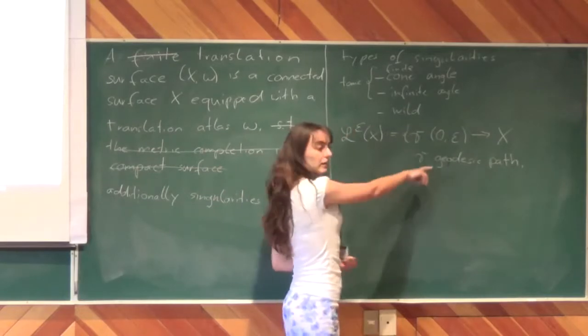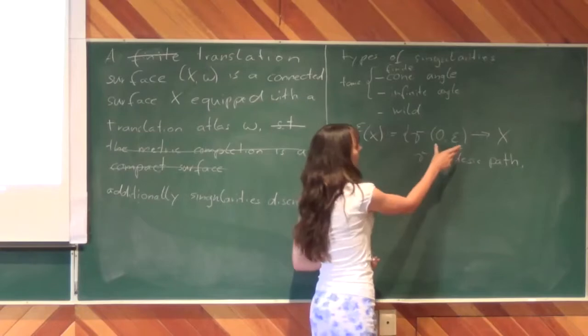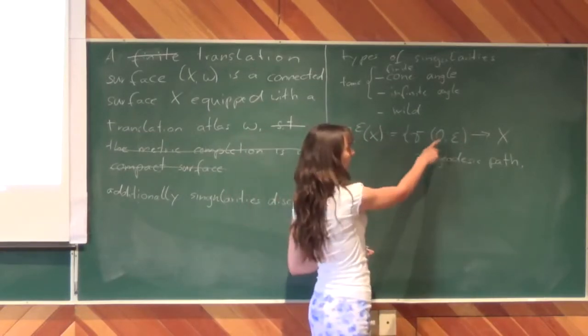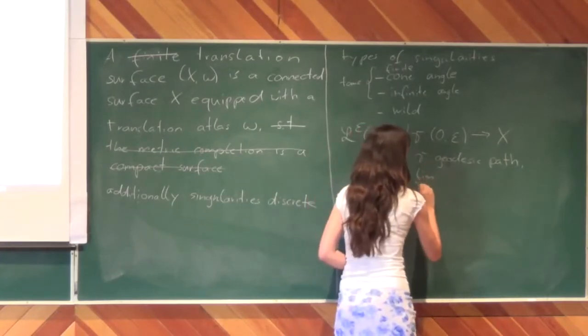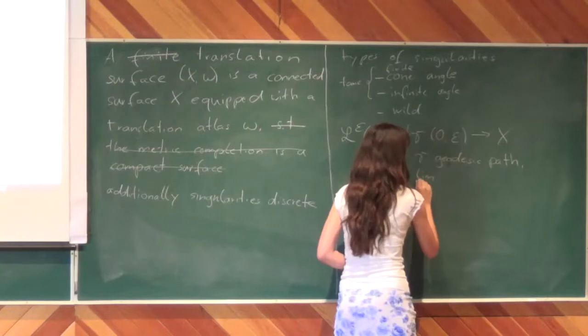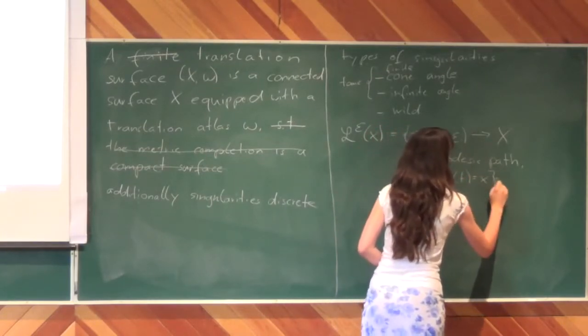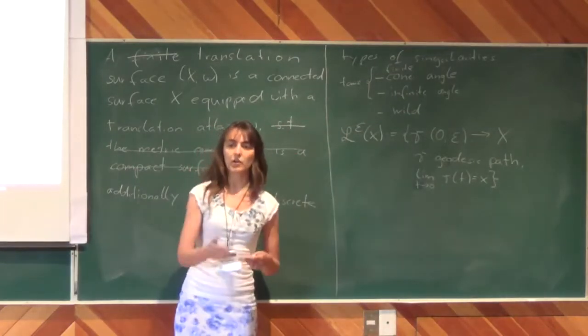So we have it is isometric in particular. So we have such a geodesic of length epsilon. It's open, and at the point 0, we want that it starts at x. Okay, so we have something like the directions we can get out of a singularity.